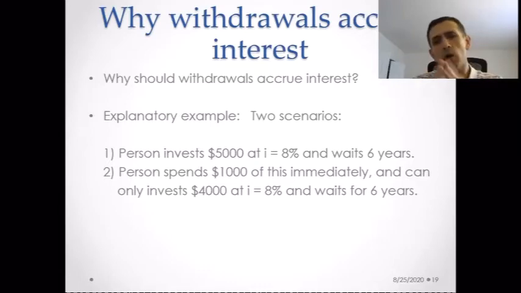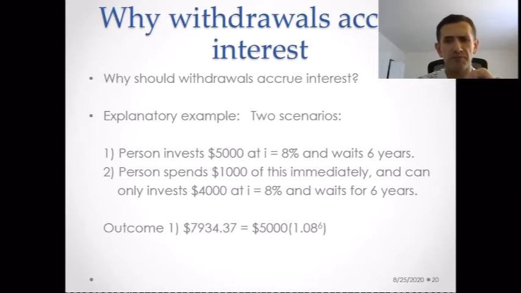Again, one perspective is that the $1,000 you withdrew is money that would ordinarily sit in the account for 6 years and accrue interest. So let's see exactly that at work.